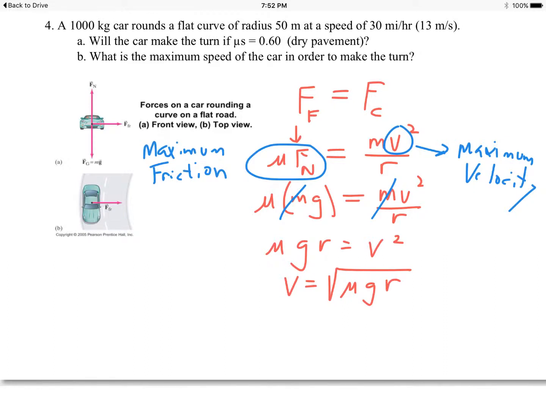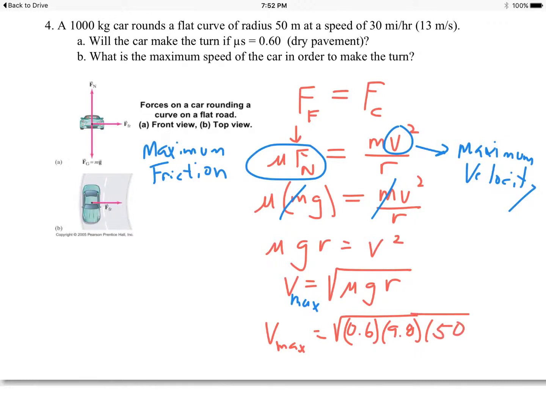That really is the maximum velocity of the car in this turn because we used the maximum friction equation up there at the top. So in other words, Vmax, the maximum velocity of this car, is the square root of mu, which is 0.6, times 9.8, times the radius of this curve, which is 50 meters.